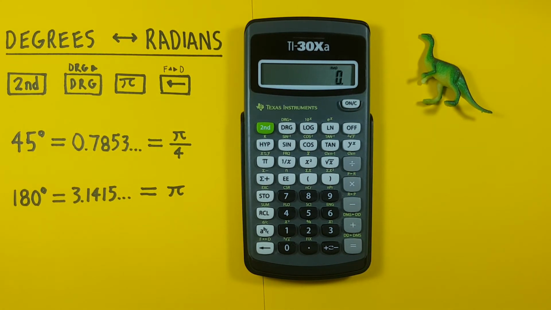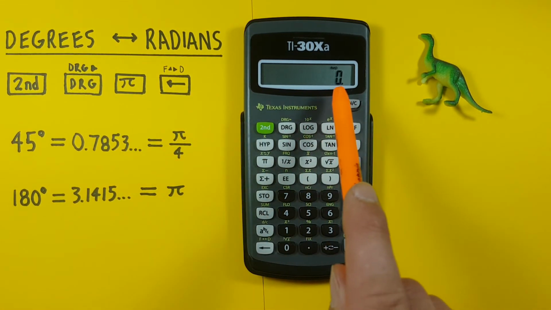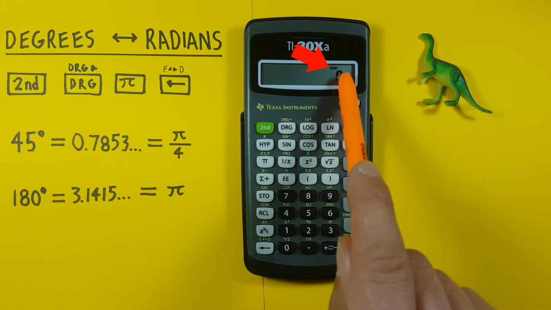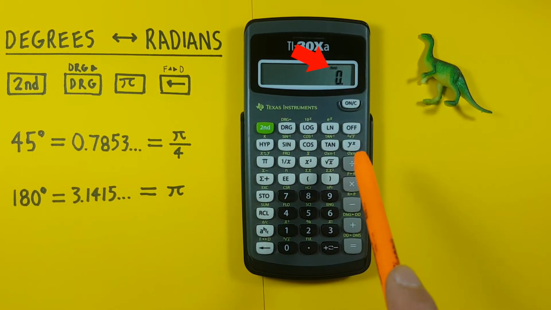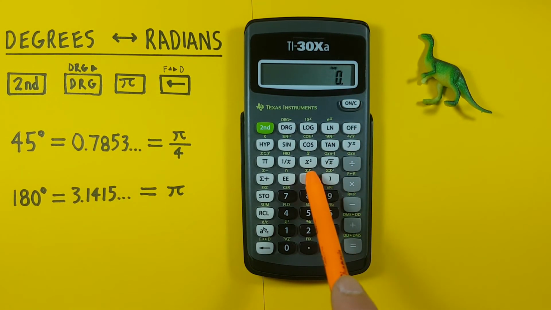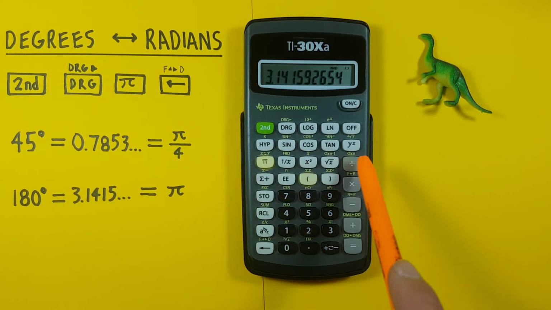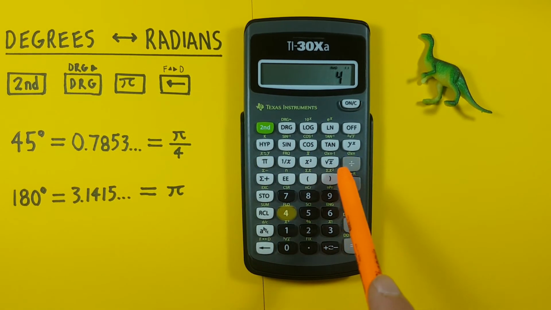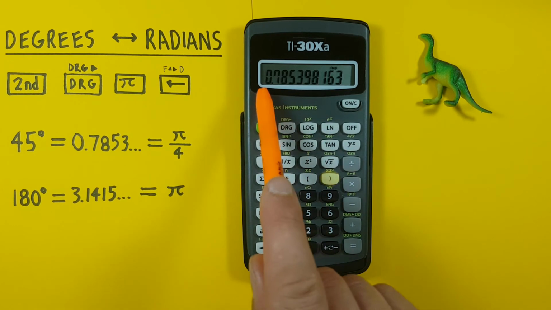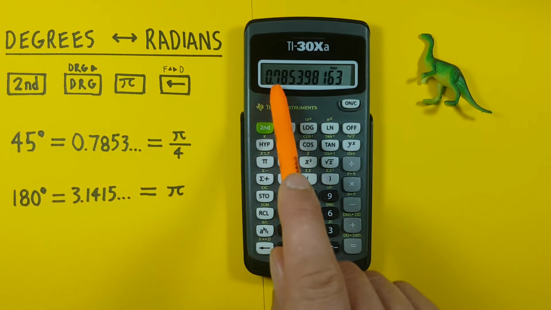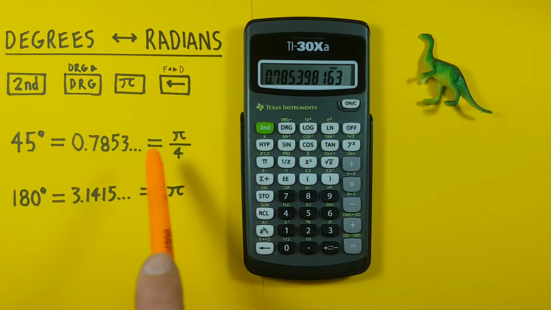What if we want to go in the opposite direction? We're given radians and want to get that in degrees. Well, let's look at this one here, where we have pi over 4. We're already in radians mode, so we're good to start with this, and we can enter our bracket pi divided by 4, close our bracket, and see that we get 0.785, etc., which is what we got before.